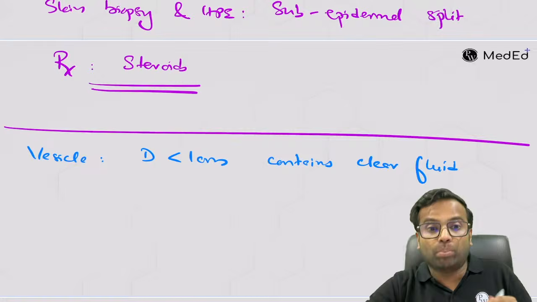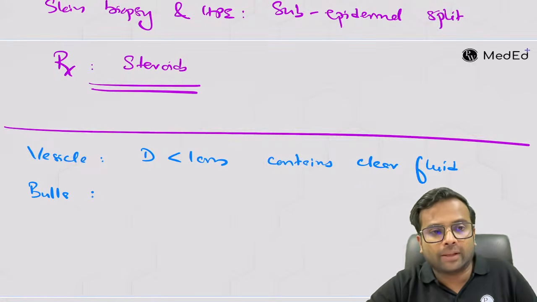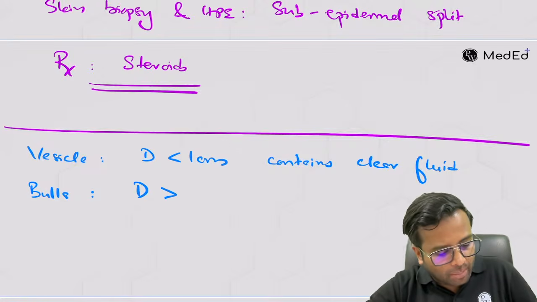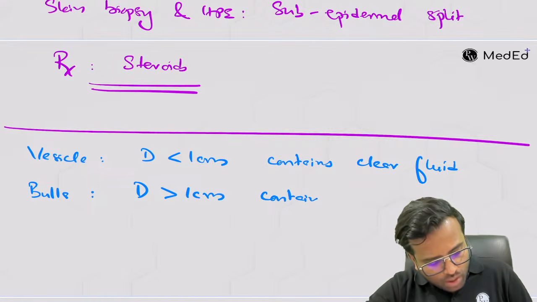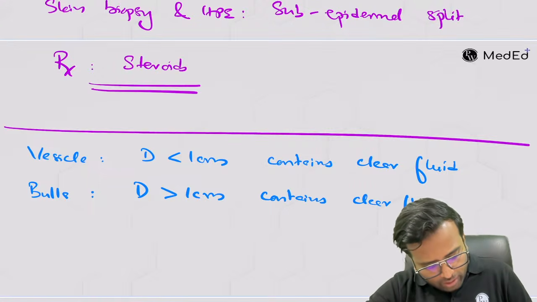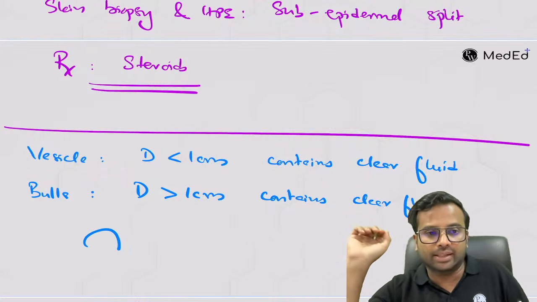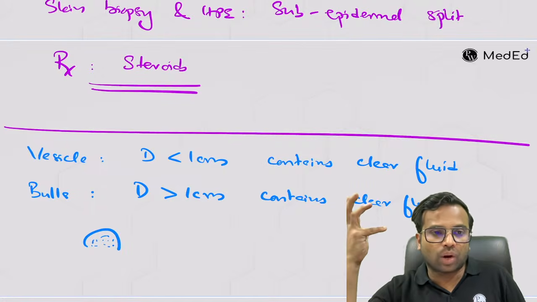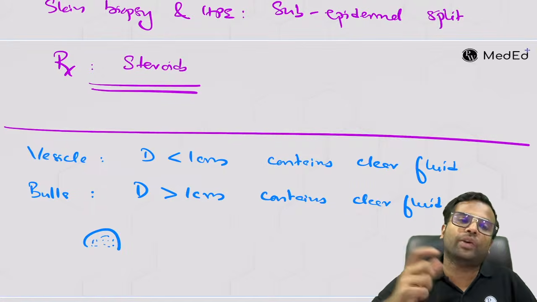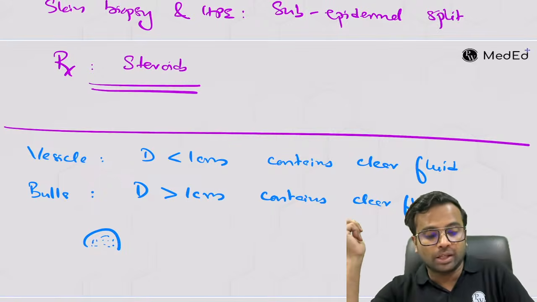Whereas in vesiculobullous disease, a bulla has a diameter of more than 1 centimeter and this also contains clear fluid. So whenever there is a lesion which contains water, if the diameter is small, we call it a vesicle. If the diameter is more than 1 centimeter, we call it a bulla.